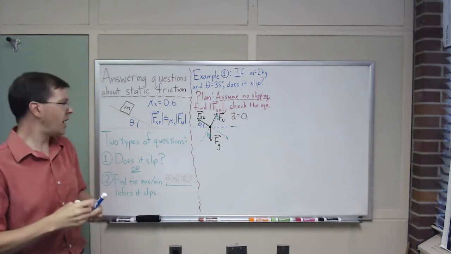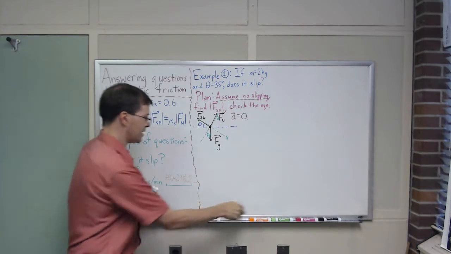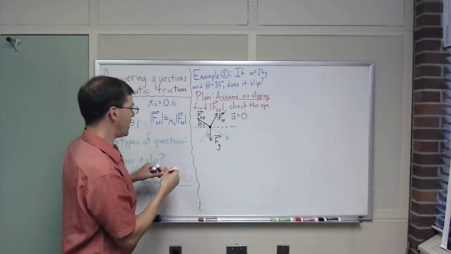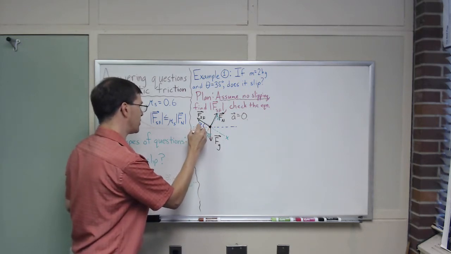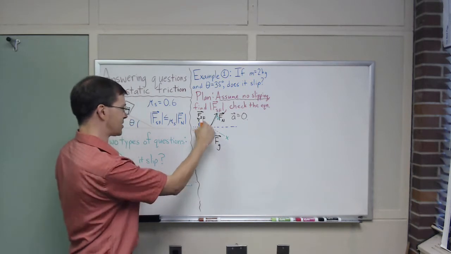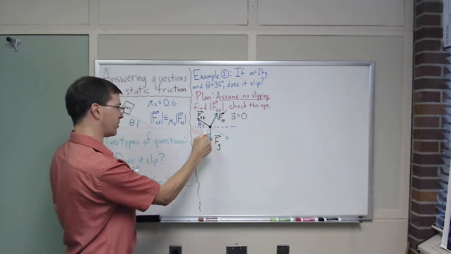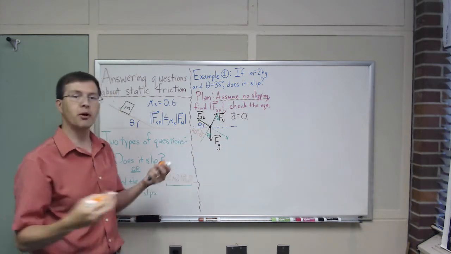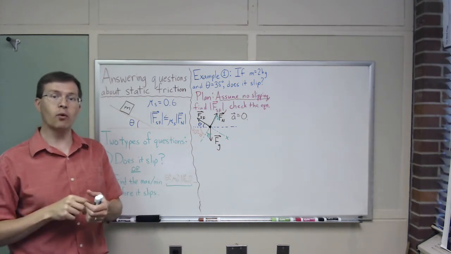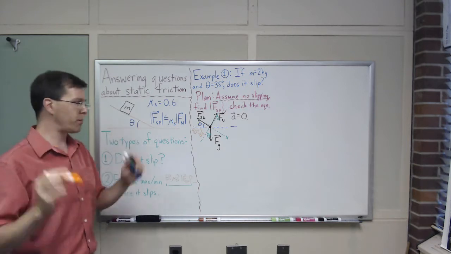That's one way of doing it. Another way of doing it is to notice that if this angle is theta, then the one next to it over here must be 90 degrees minus theta, because that's a right angle. But then this is also a right angle, so that must be 90 minus theta, or just theta again. So there are multiple ways of figuring that out. Whatever way works for you, more power to you.